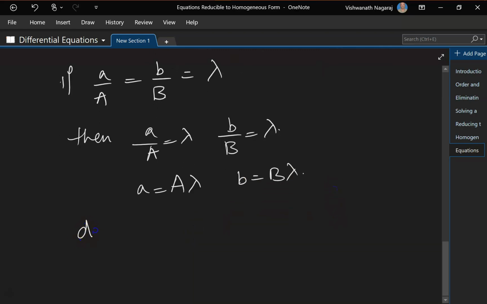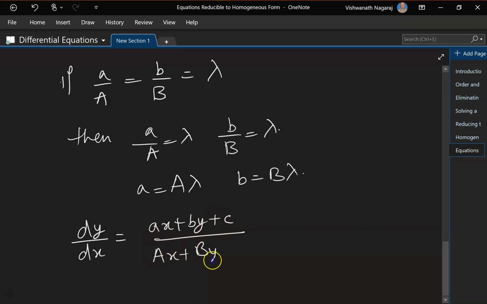So our dy by dx becomes (ax + by + c) / (Ax + By + C').